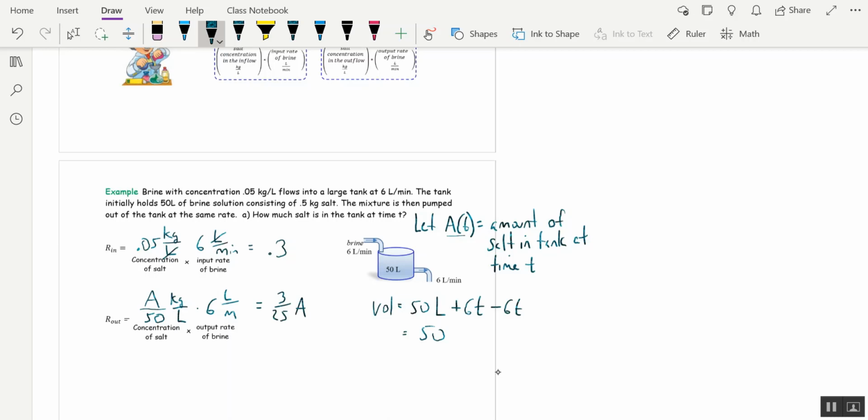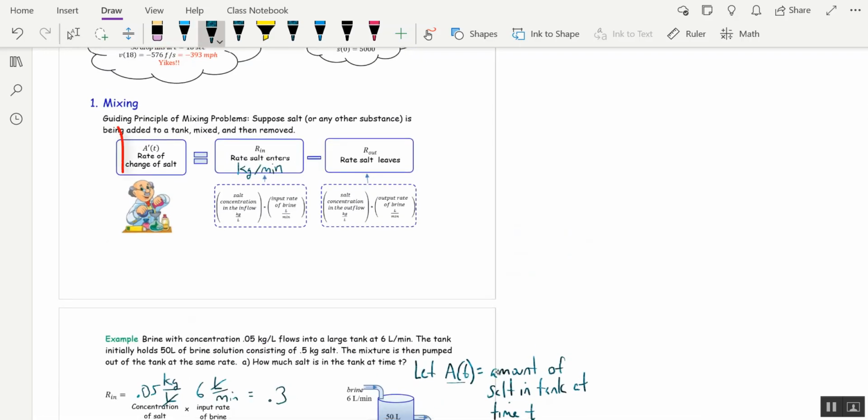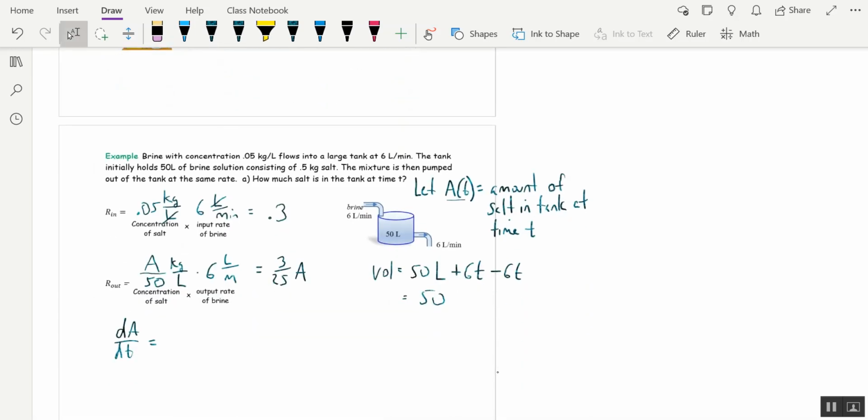All right, now our differential equation, dA/dt, the rate, is equal to rate in minus rate out. So again, rate in minus rate out. Rate in is 0.3. Rate out is 3/25 A. Let's write that in standard form for a linear differential equation because it is linear.